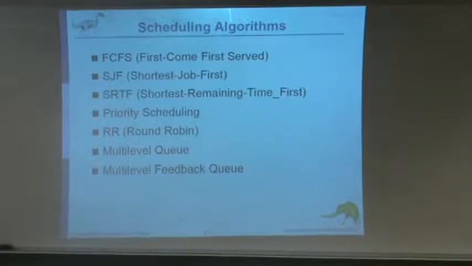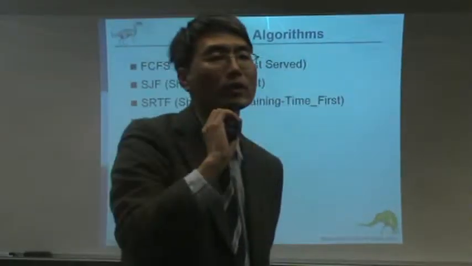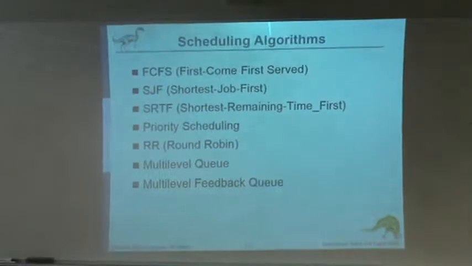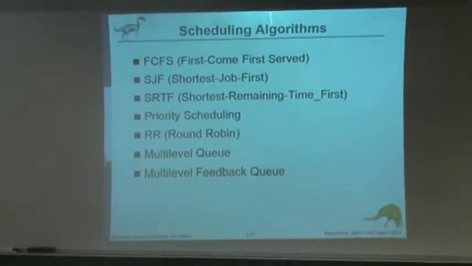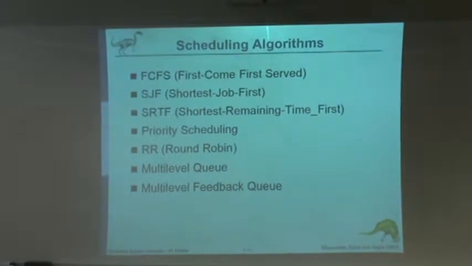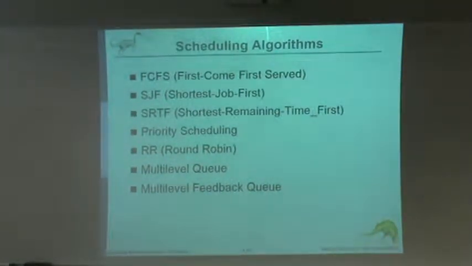Whenever there is a new process in the ready queue, the dispatcher will be activated to select the next process. Once the process in the running state is terminated, the dispatcher will also select another process using one of these algorithms. So these are based on priority.